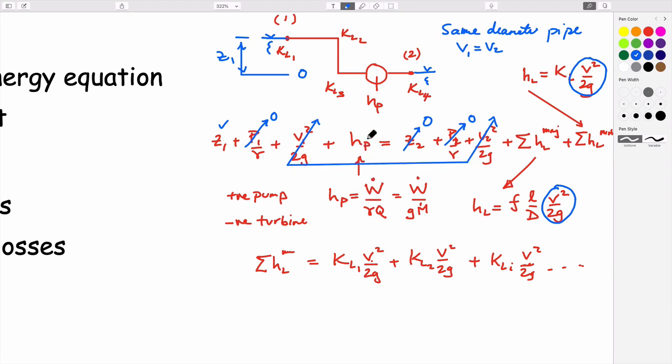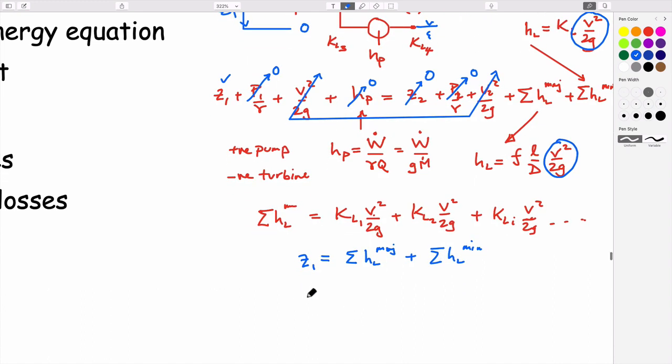And then if there's no pump, then we don't have to worry about it. So if we say there's no pump, then let's put this to 0. And in this particular case, C1 is going to be equal to the sum of the major losses and the sum of the minor losses.